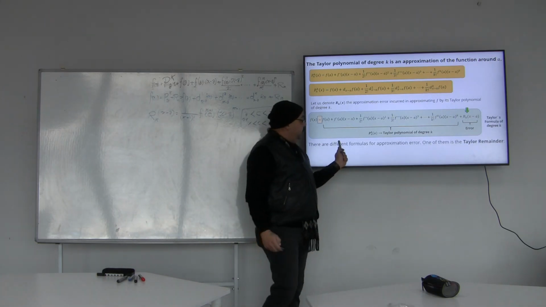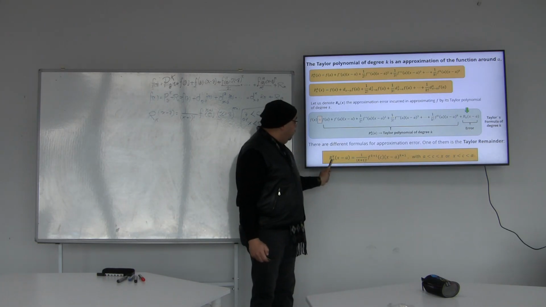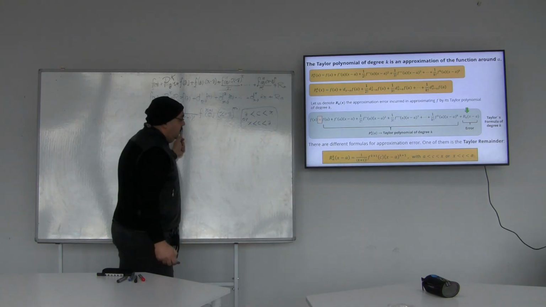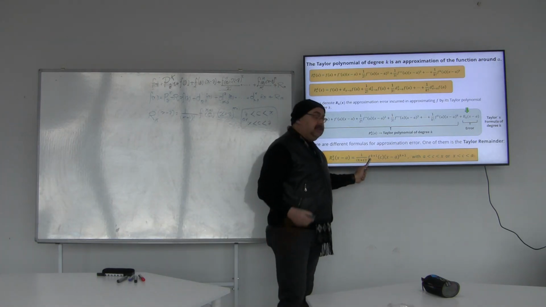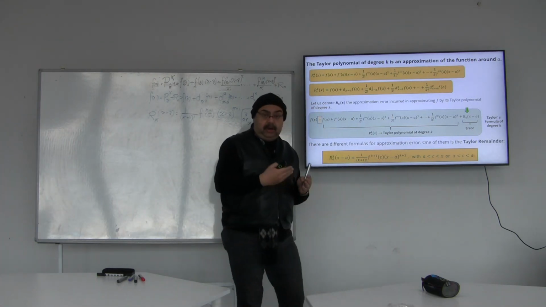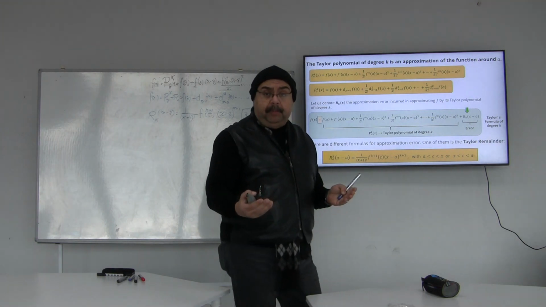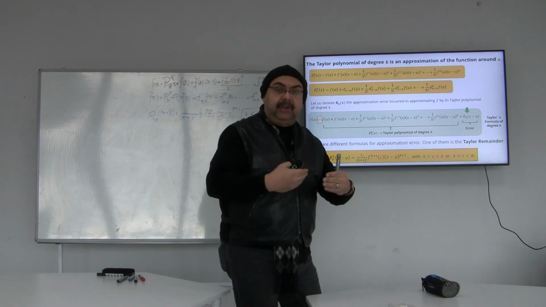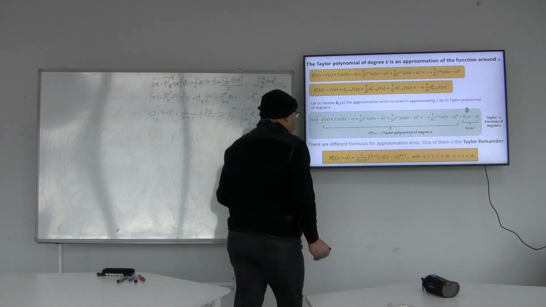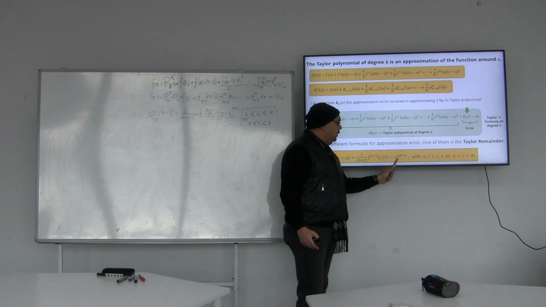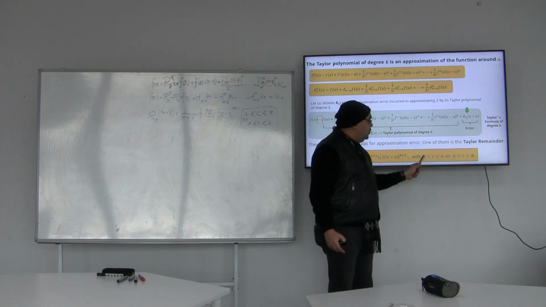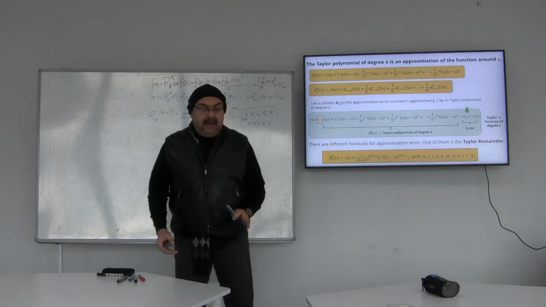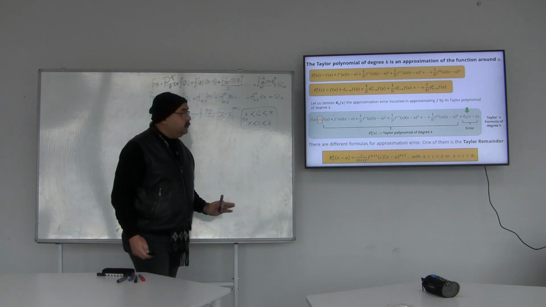So for the Taylor remainder term, it's going to be, as I told you, Rk of f, x minus a, 1 over (k plus 1) factorial, as you can see, times the derivative. If you are taking the kth order polynomial, it's going to be the derivative of order k plus 1, so f of (k plus 1) at c times (x minus a) to the power of k plus 1, where c is greater than a but less than x, or vice versa, c greater than x but less than a, and that's the remainder term.